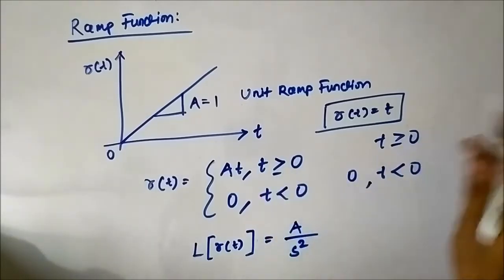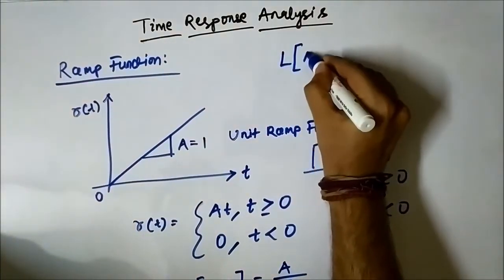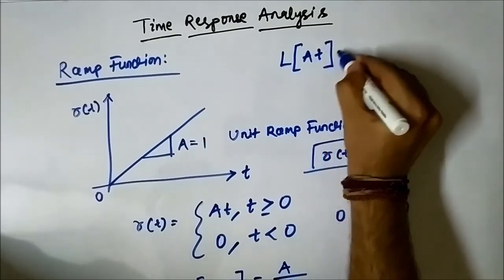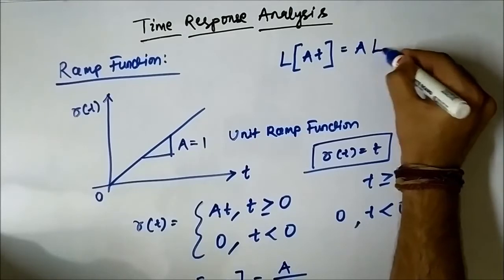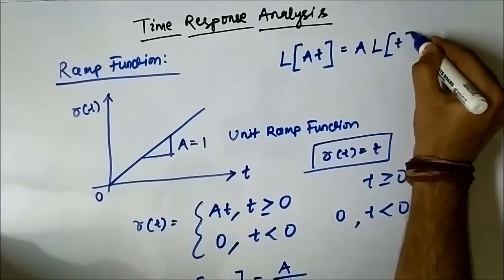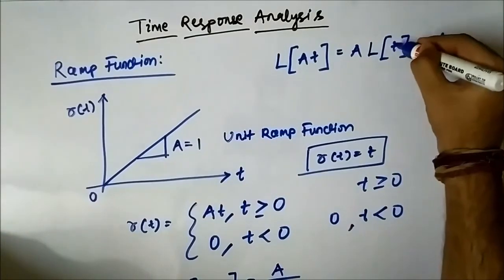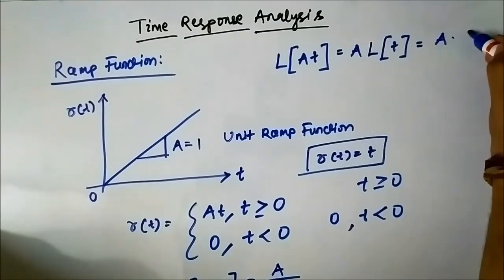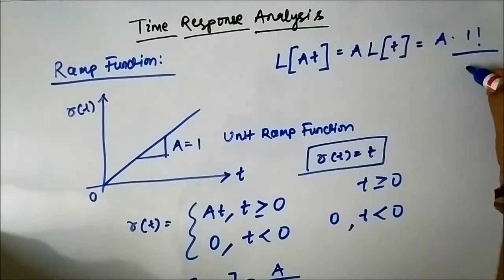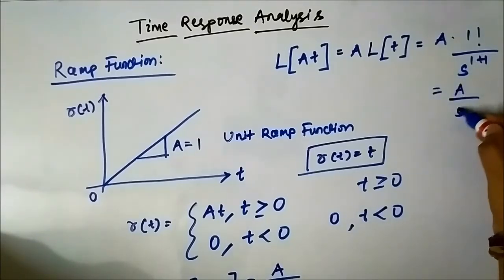The Laplace transform of A t will be equal to A, since it is a constant, into the Laplace transform of t, which is t to the power n. Here n is equal to 1, so it will be A into 1 factorial by S to the power 1 plus 1, which is equal to A by S square.